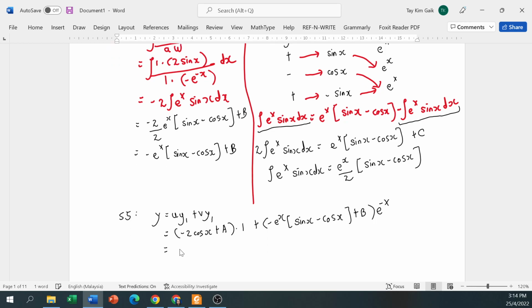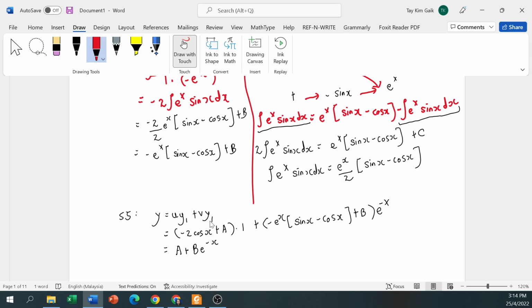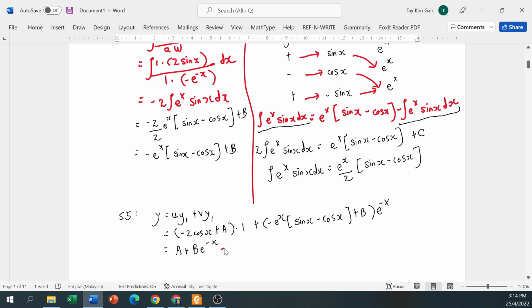And then collect like yc, meaning collect the terms with a and b. So a times 1 gives a, and b e^(negative x). Then negative 2 cos x times 1 gives negative 2 cos x.